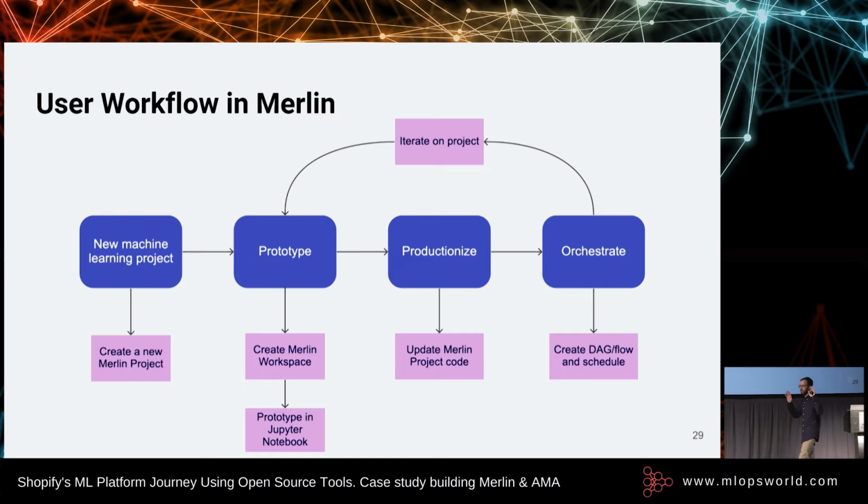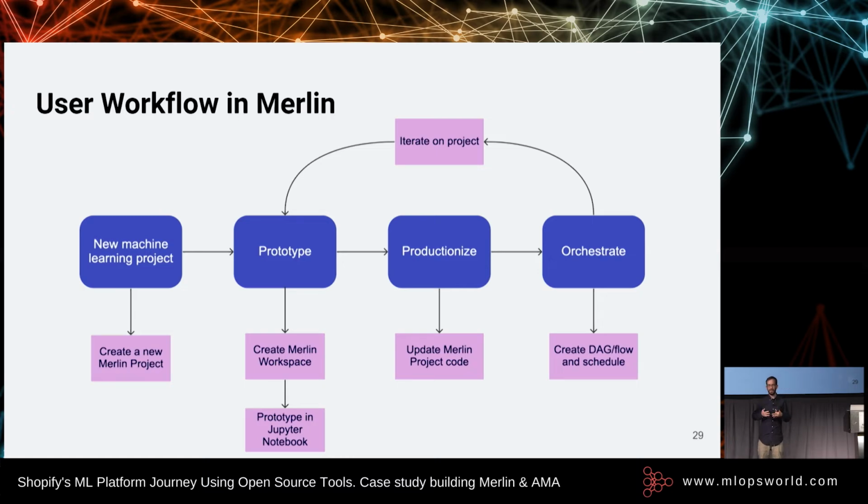If we look at the user workflow end-to-end, the user starts with a brand new machine learning use case where they create a new Merlin project in that monorepo that we talked about. Then they go into the prototype phase, where they create a Merlin workspace and start to prototype their use case from a Jupyter notebook.